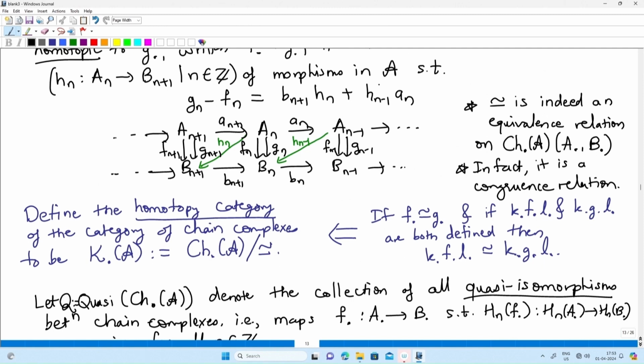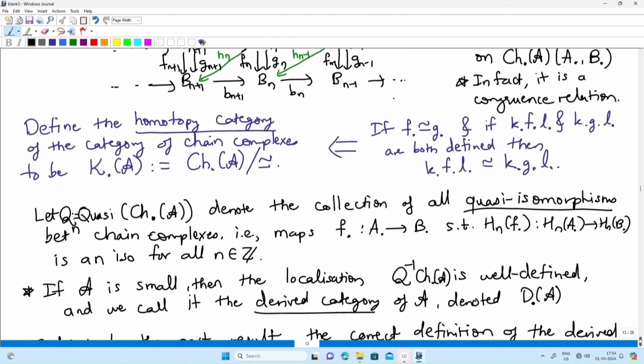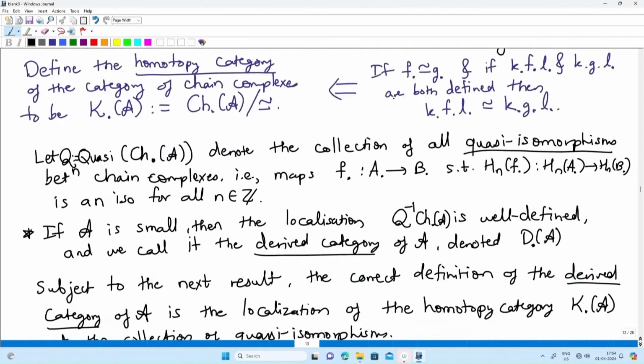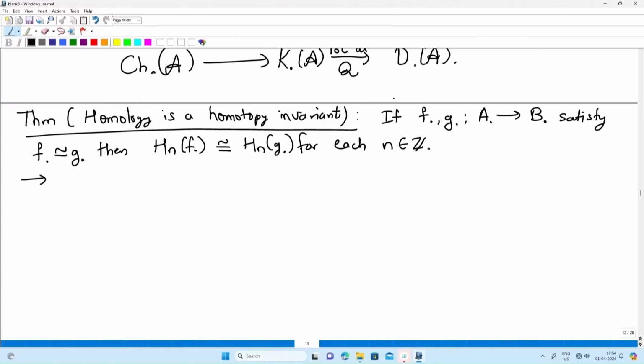This particular expression. Now what will happen if I compose it with the inclusion and surjection maps? So let us see this.